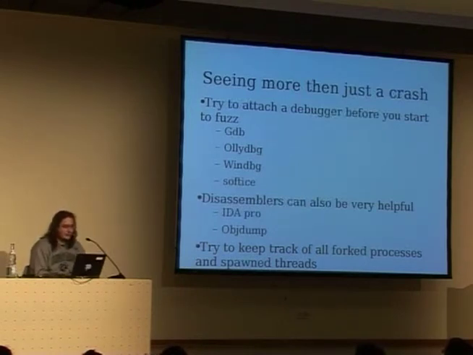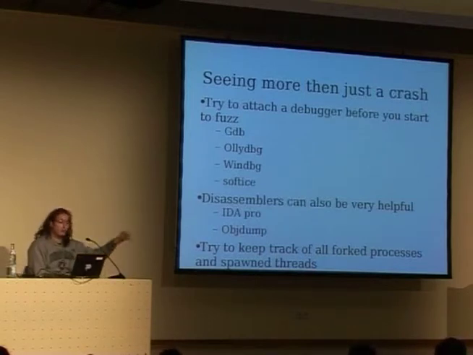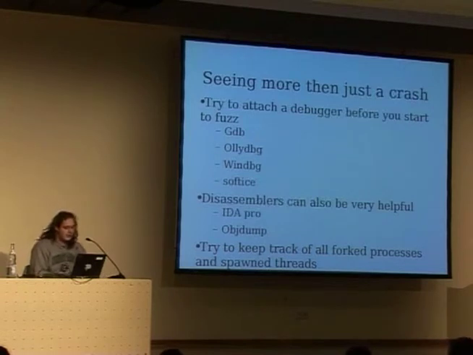Disassemblers can also be helpful if you fuzz something and you've got an idea where it's gone wrong, but you don't know exactly what's gone wrong. You can fire up your disassembler and look at the entire program or large parts of the program. IDA Pro is obviously, I mean, this one's kind of unfair because IDA Pro is the disassembler. There's probably not a single one that's better than IDA Pro.